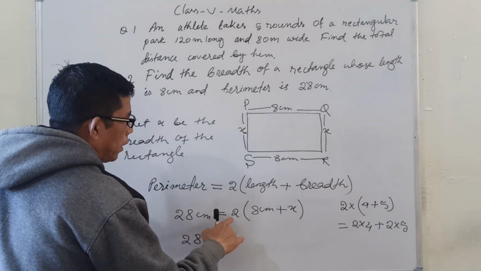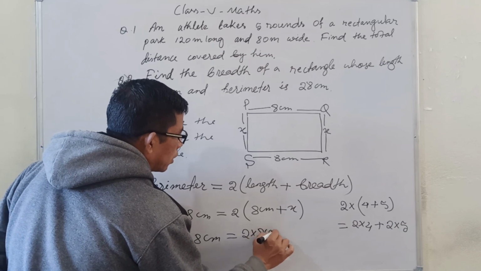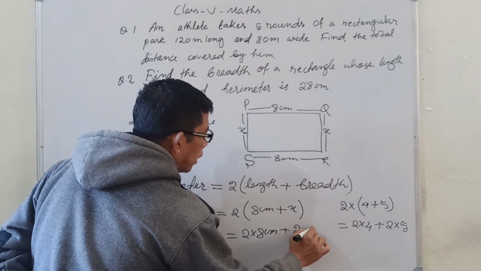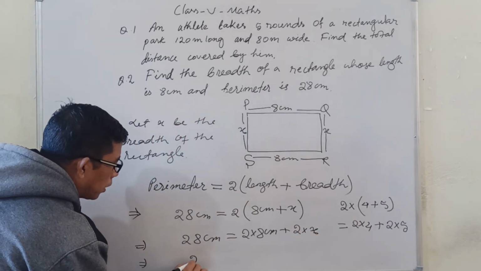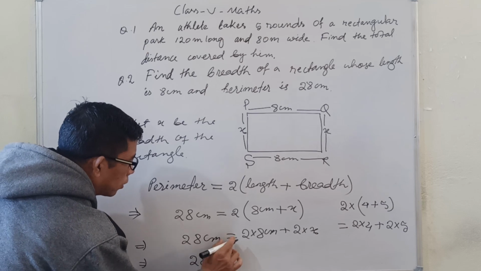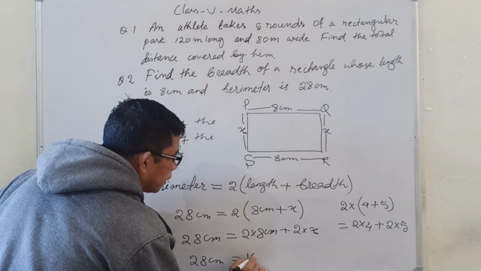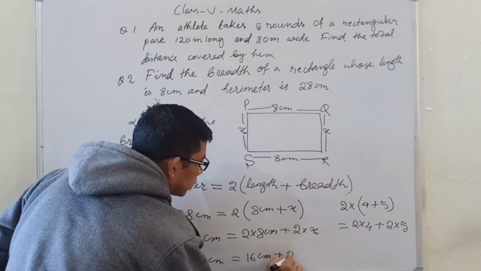In the same way, 2 into 8 centimeter plus 2 will multiply with x, 2 into x. 28 will come here, equal to will come down here, 2 into 8, 16 centimeter, plus 2 into x means 2x.